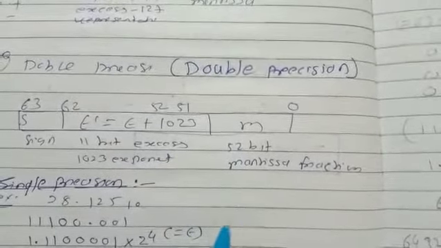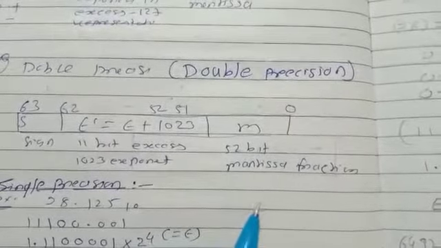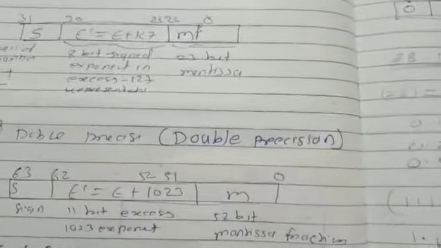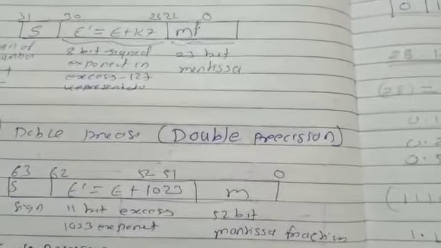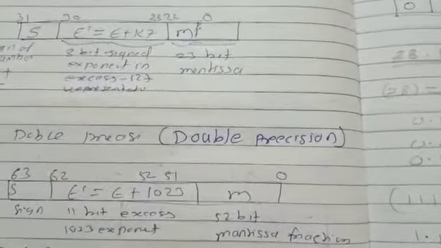Whenever we want to calculate any example values, at that condition we require the e dash value in single precision and the e dash value in double precision.